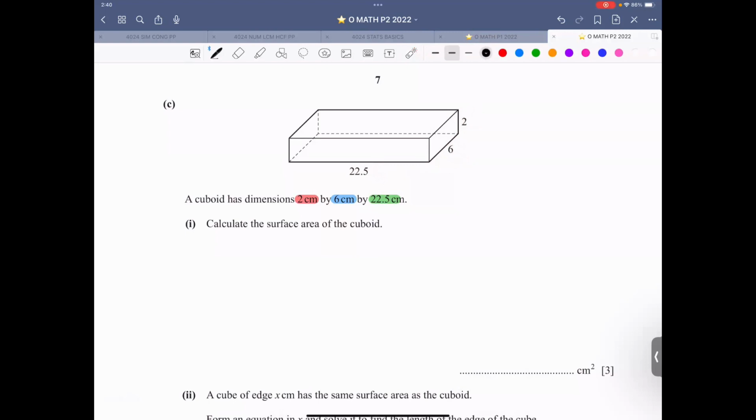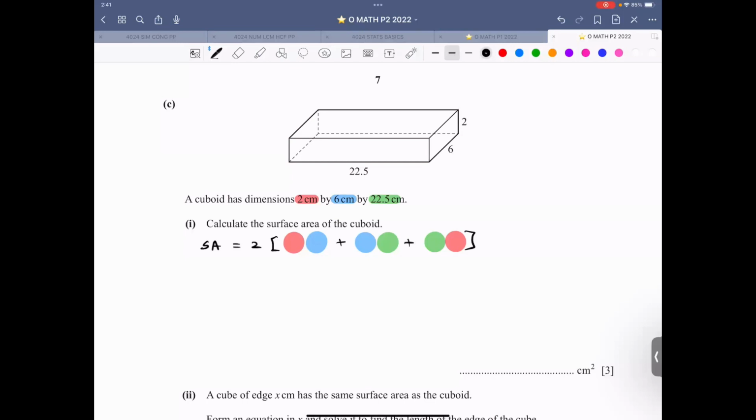Calculate the surface area. So surface area of such an object, it's 2 times. You want to write it symbolically, you can, or you can write it directly. So let me just write it like this. There should be a red and blue, blue and green, green and red.